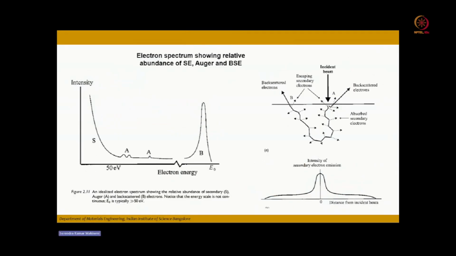Now, here I am showing you intensity versus electron energy. E0 is the incident primary energy.